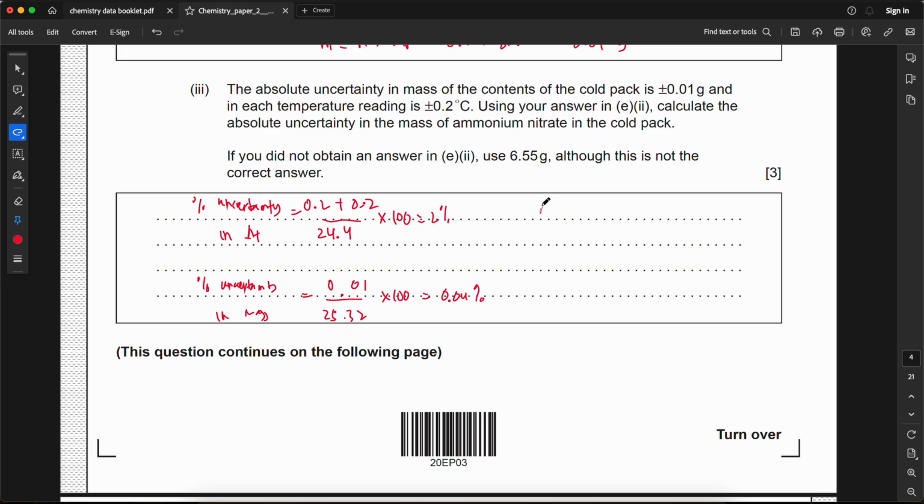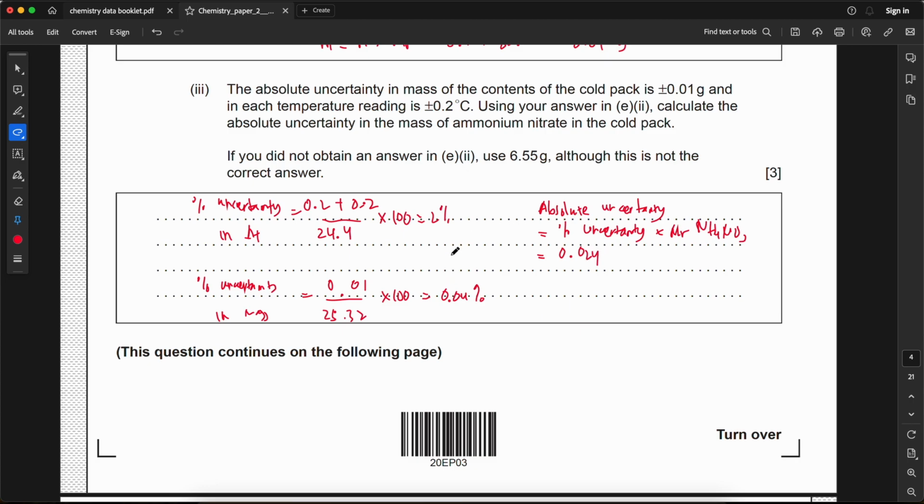Okay, so the absolute uncertainty will be the percentage uncertainty times the mass of NH4NO3.